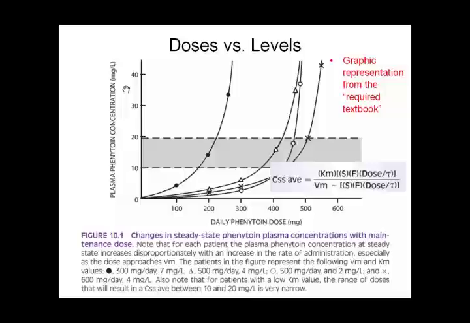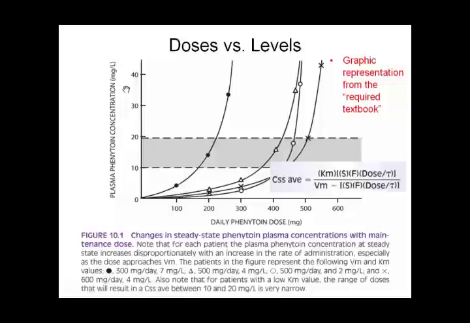You saturate the enzyme in the body when you give doses above the Vmax, and in this case the level accumulates. And that's why when we increase the dose by like 15%, we get a level that is about 50% higher, not 15% higher than what you get from the previous dose.